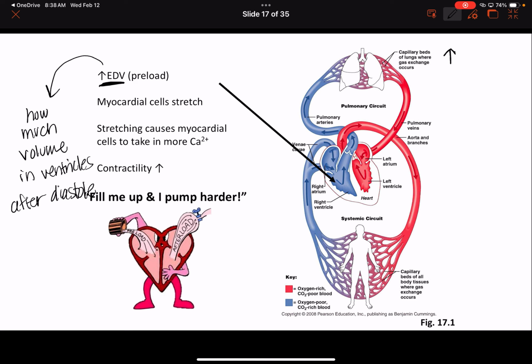So we have more volume in our ventricles, which is going to also lead to an increase in stroke volume. If we start off with a larger volume in our ventricles, that means we can eject more blood than normal, so our stroke volume will increase. And if you increase stroke volume or heart rate, that's also going to increase cardiac output.